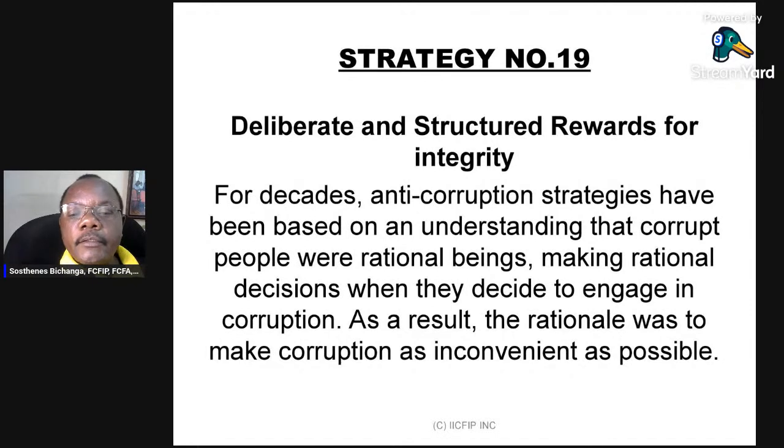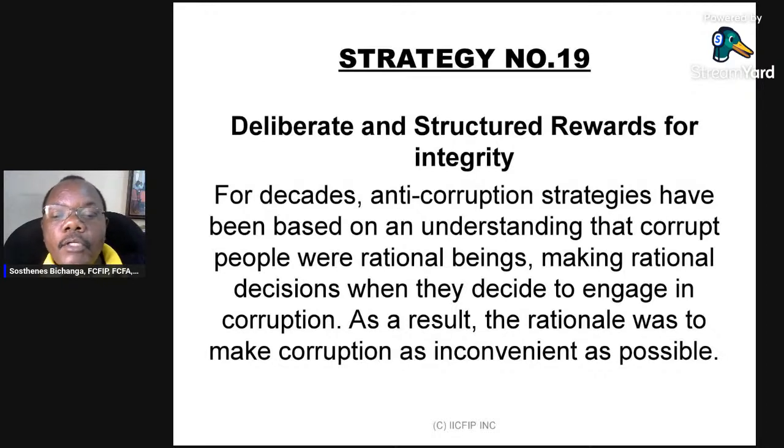For decades, anti-corruption strategies have been based on an understanding that corrupt people were rational beings, making rational decisions when they decide to engage in corruption. As a result, the rationale was to make corruption as inconvenient as possible.